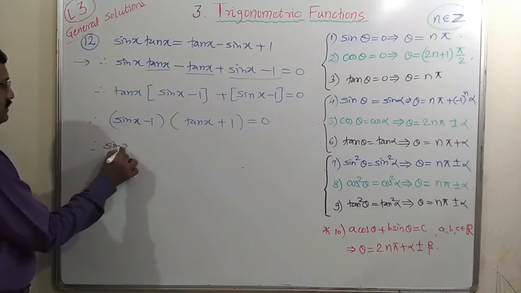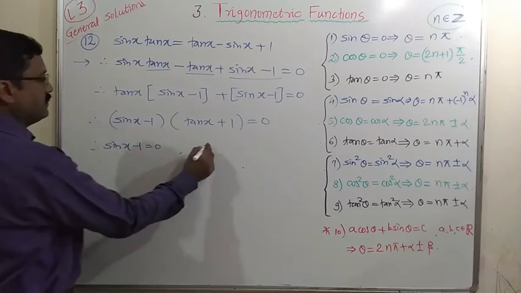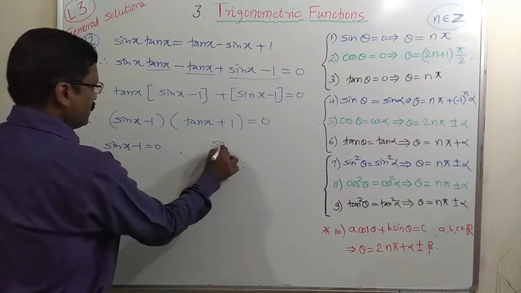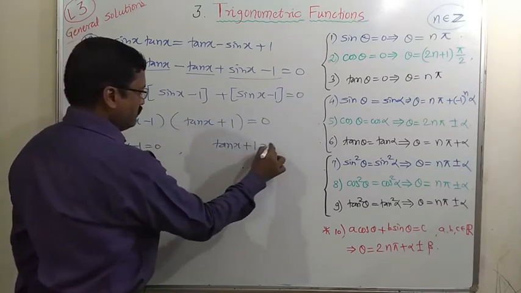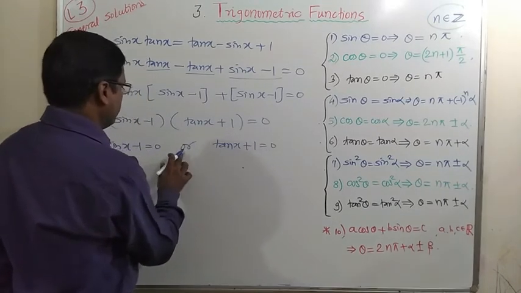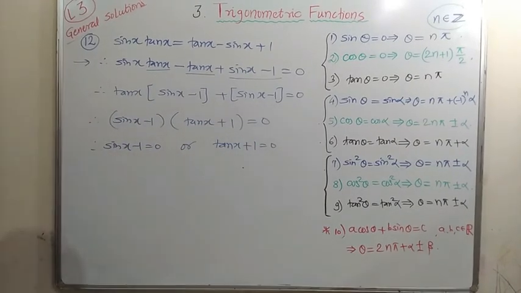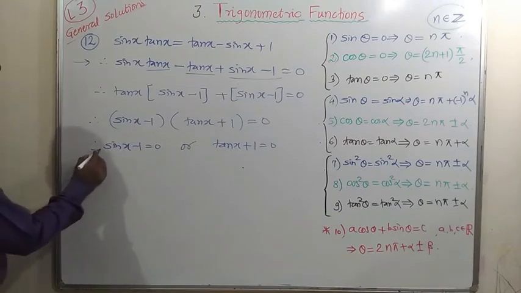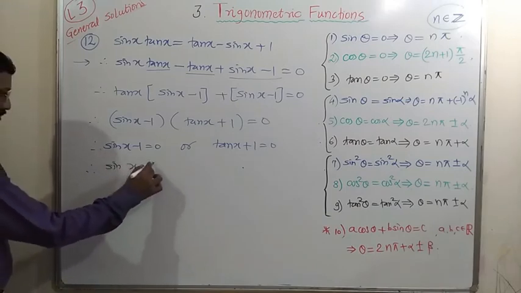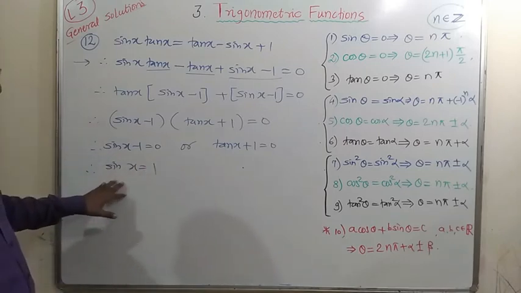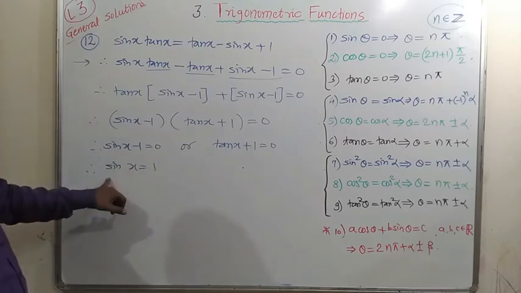So either the first bracket will be 0 or the second bracket, tan x plus 1, equal to 0. Therefore this gives us sin x equal to 1.